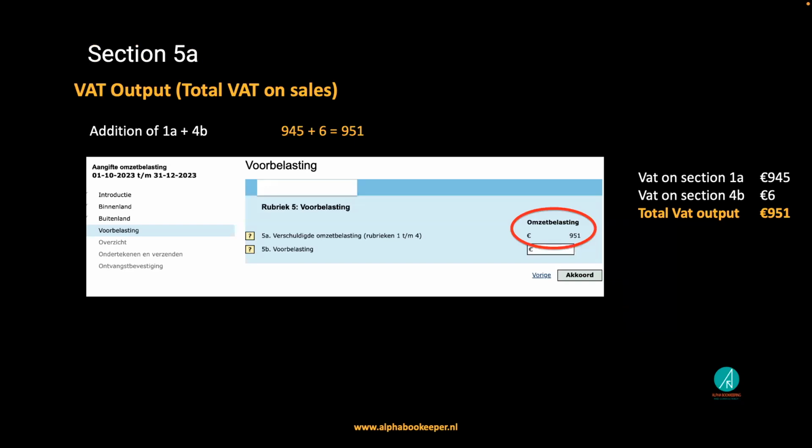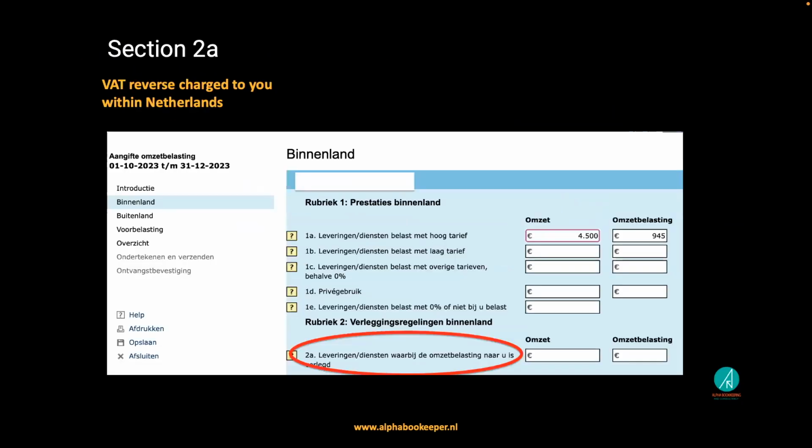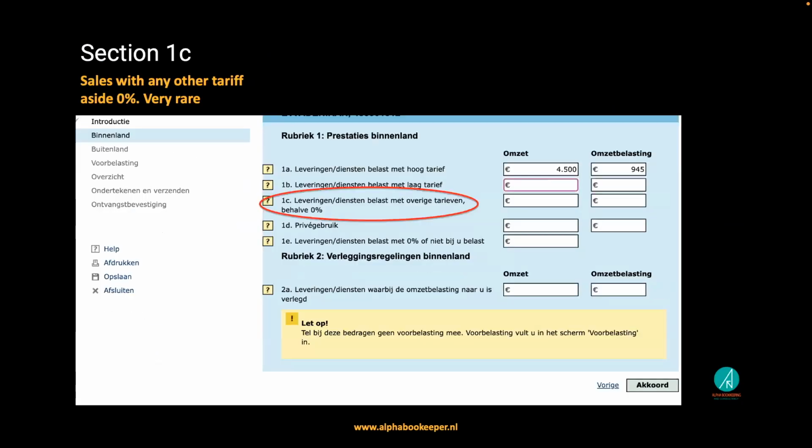And then section 5 is where you now recognize. Section 5A will calculate everything you've done from section 1 to section 4, and everything adds up to 951. How did we get 951? That was section 1A. We can go back. Section 1A, where we had 4,500 turnover and 945 VAT.